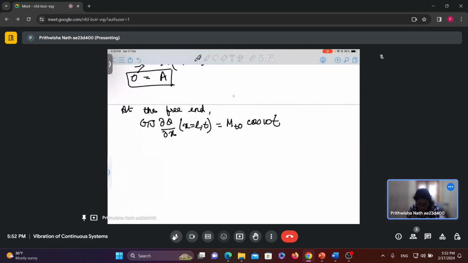Now I need this partial derivative of theta with respect to x. So how can I get this? I know that theta is x cos omega t.